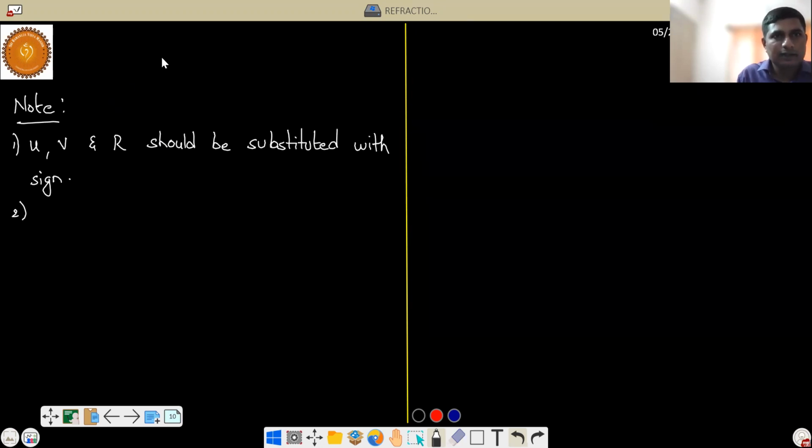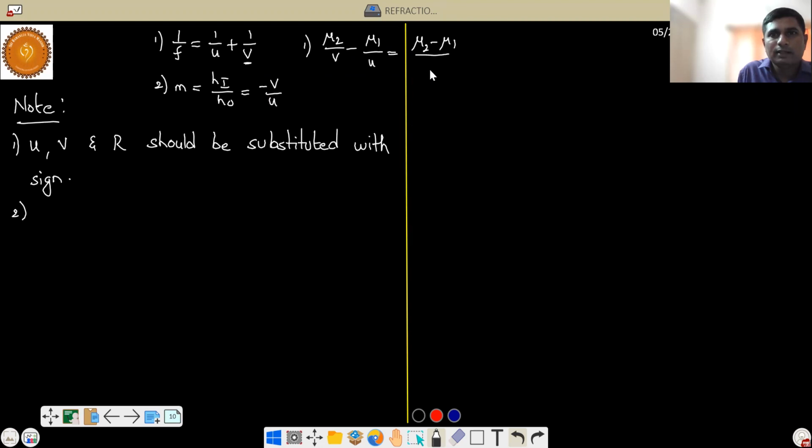There we have the mirror formula, 1 by F is equal to 1 by U plus 1 by V. Using this, we calculate V. Then for magnification, height of the image by height of the object is equal to minus V by U. Here also, we have a formula for calculating the image distance: mu2 by V minus mu1 by U is equal to (mu2 minus mu1) by R.